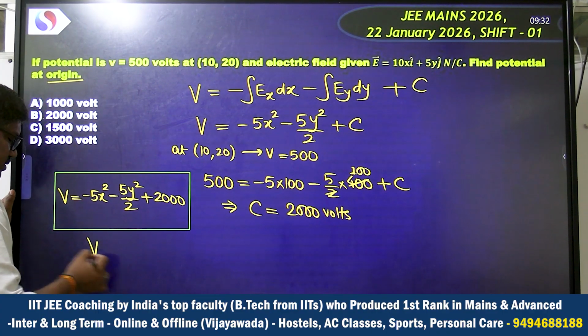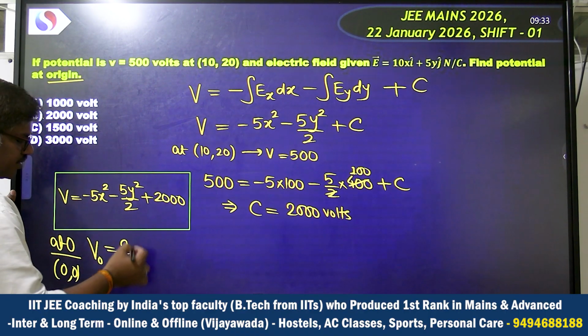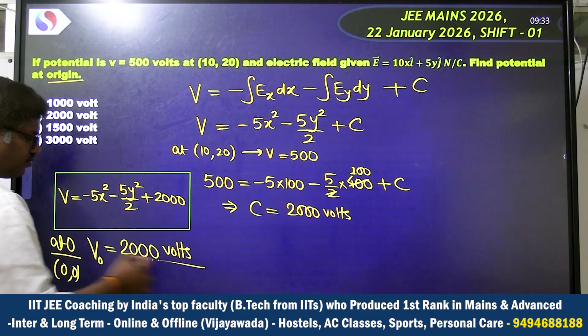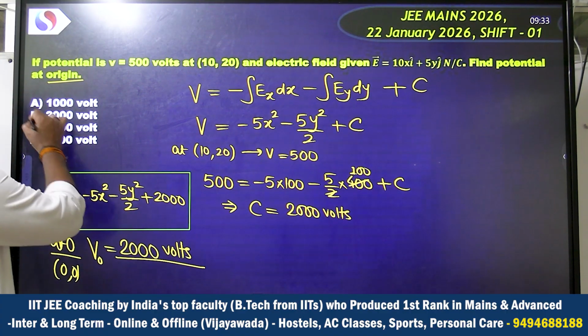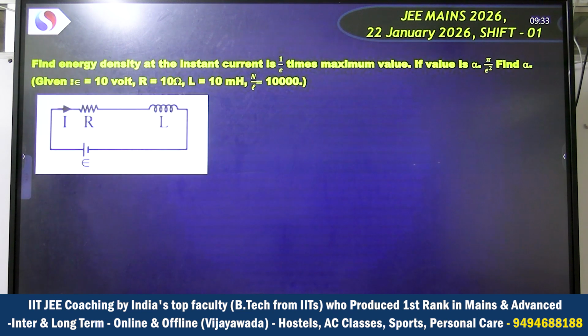So for the origin O, that means (0, 0), just put x and y to be 0. That means what is my correct answer? 2000 volts. So at the origin, you get the voltage as 2000 volts. Alright, so good question, nice question, moderate question.